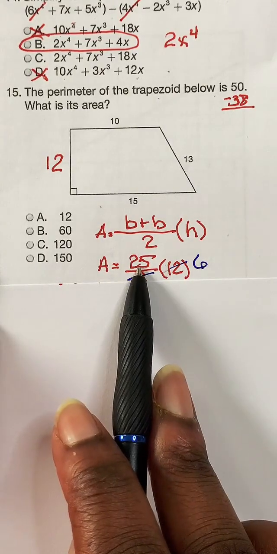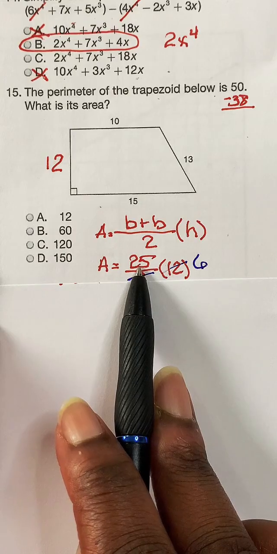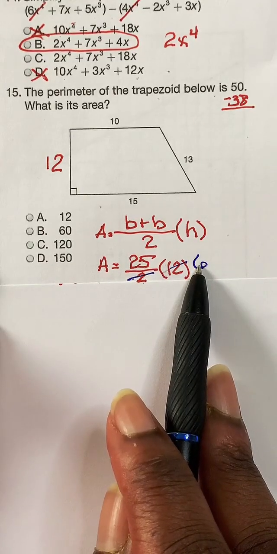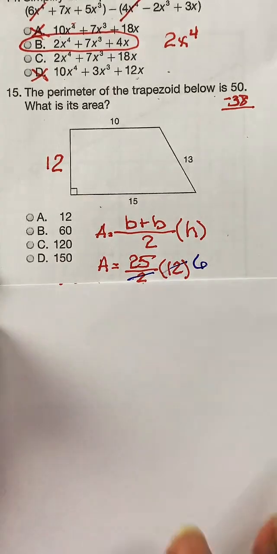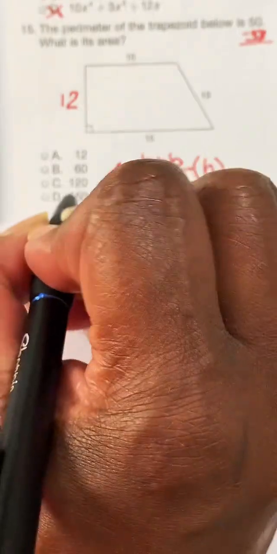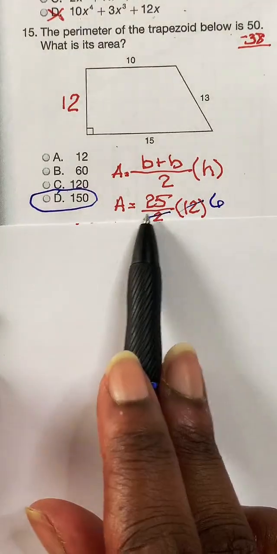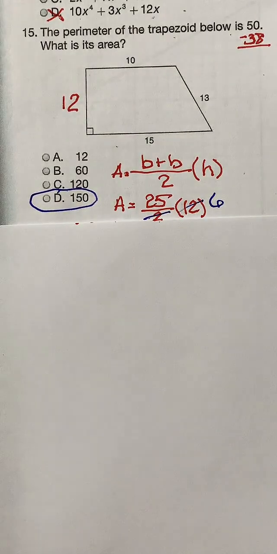Every time I see 25, I think about 25 cents. I know 4 quarters will give me $1, but I'm looking at 6, so I'm 2 quarters short, and 2 quarters is 50 cents. So I have $1.50, which gives me my answer of D, because 25 times 6 gives me 150.